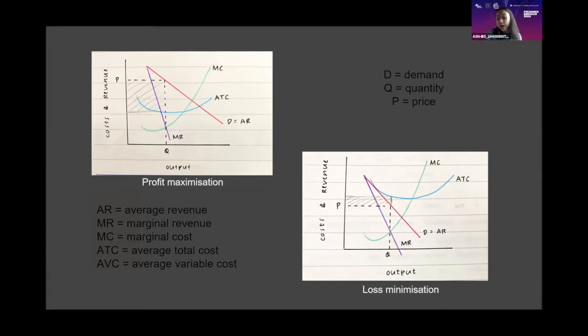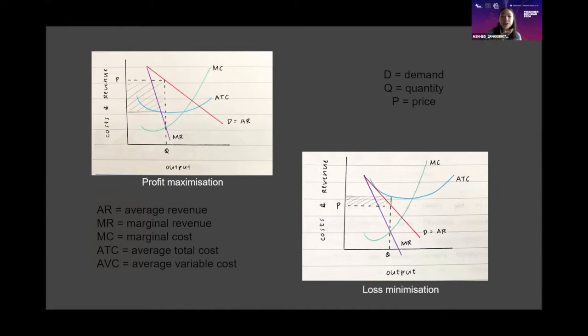Again, we're back to the graphs of monopoly. Monopoly also has 3 graphs. These 2 are for the profit maximization and loss minimization. We can draw this by locating where the marginal revenue intersects the marginal cost curve, and then it will also hit the demand curve.